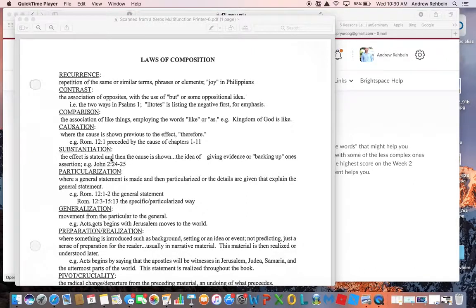And then lastly is substantiation. The effect is stated, and then the cause is shown. So this is the opposite, right? The effect says, I'm staying home because my daughter is sick. It's the same kind of content, but flipping it around.